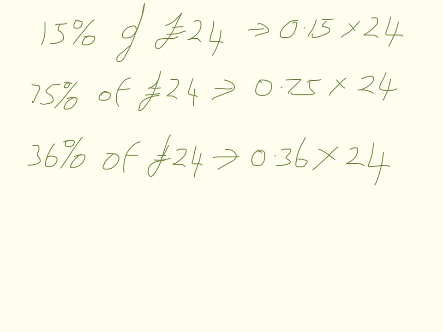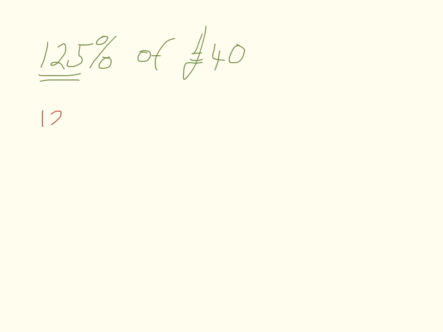Okay. Now there's a slight twist: what if I wanted to find 125% of £40? It's not quite the same thing as what we've been doing because this is a 3-digit number. So what I'm going to do is I'm going to go back to what I knew I could do earlier. 125% means 125 out of 100.